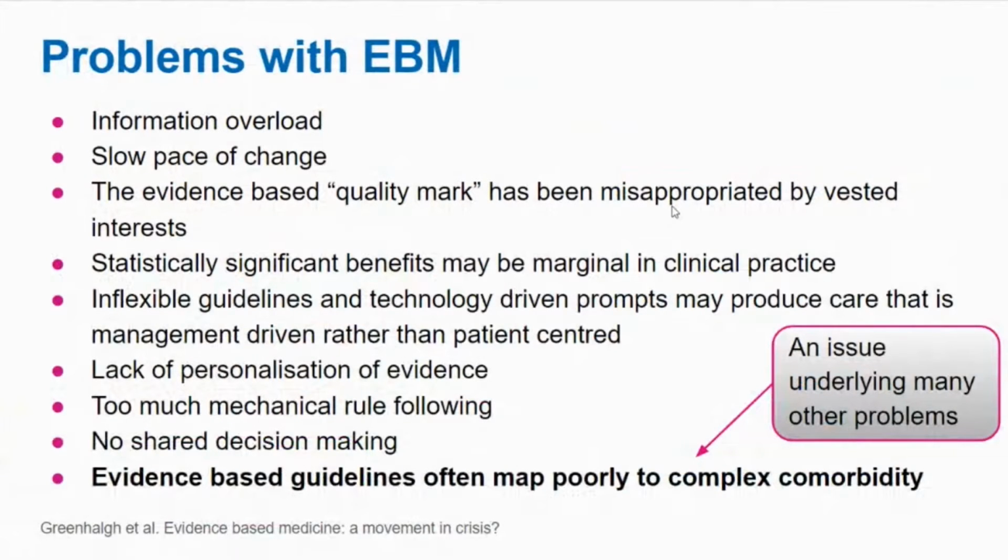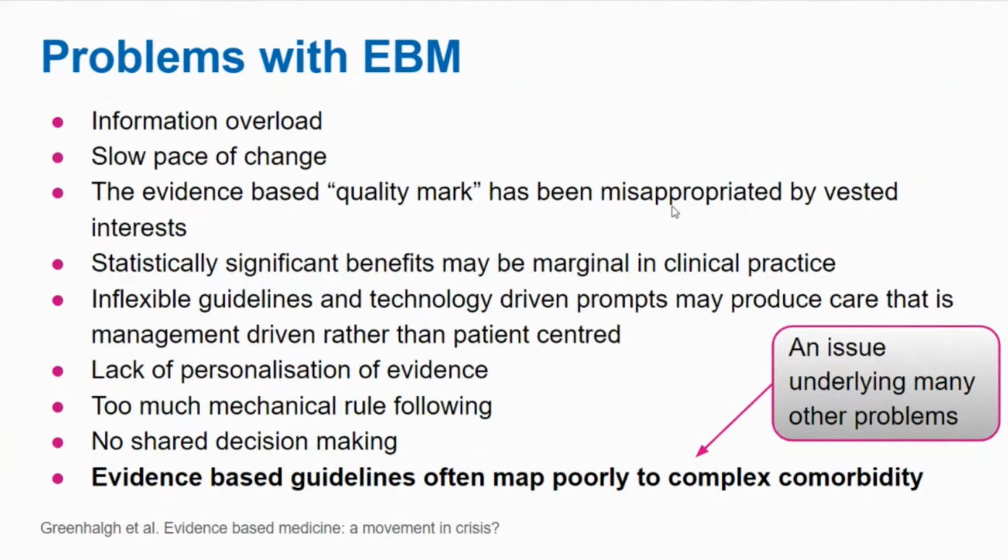And yet there are problems with evidence-based medicine, and these problems beset generalists and healthcare professionals, and also those who are interested in digital health, who are trying to develop solutions for those generalists. These problems are from a paper by Trish Greenhalgh, who wrote a paper called Evidence-Based Medicine, a Movement in Crisis for the BMJ a few years ago. And there's a wide range of problems.